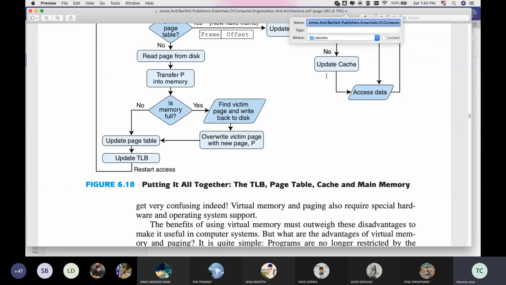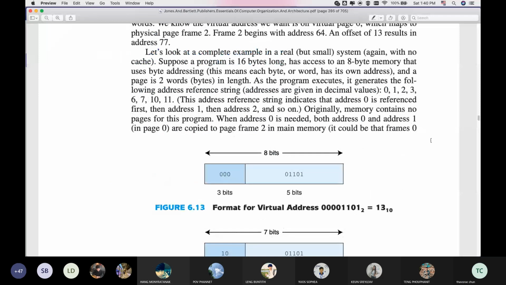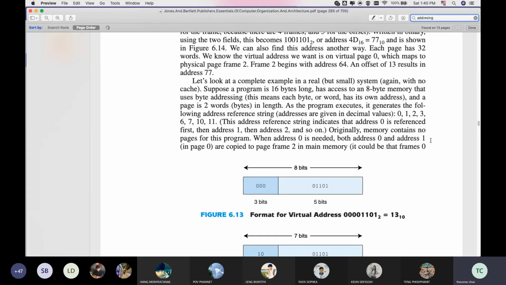Actually, this is a very good ebook about computer architecture. I hope you have read a lot about it already. And inside, there is a section talking about the addressing mode.